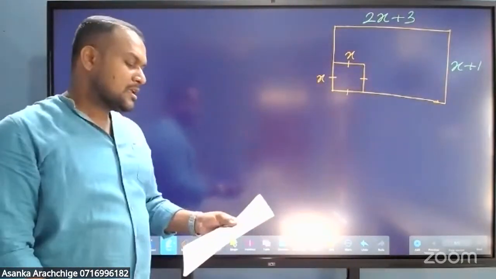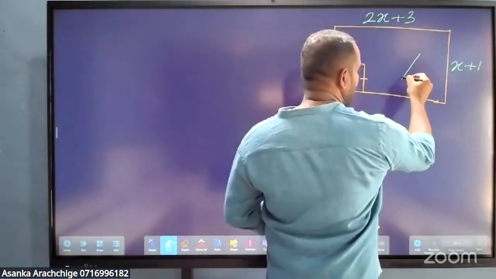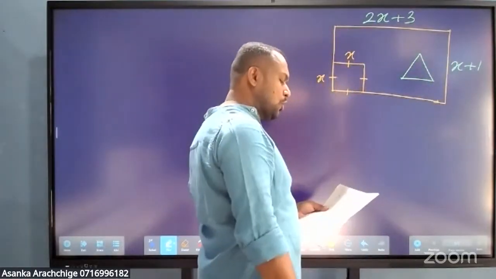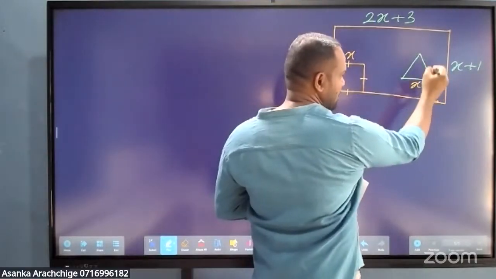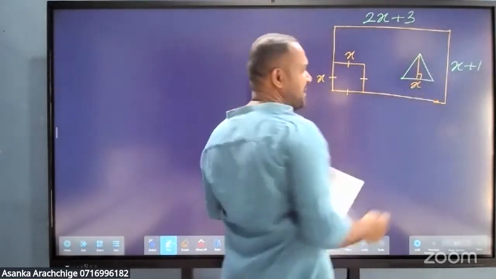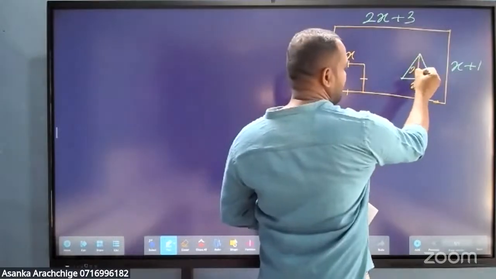And there is a triangular part as well. In this triangular part, the base is given to be x, and the perpendicular height with respect to that x is given to be 2 meters. They are given in meters.